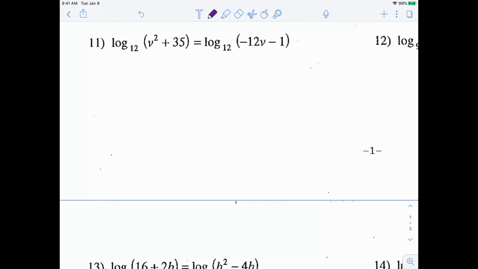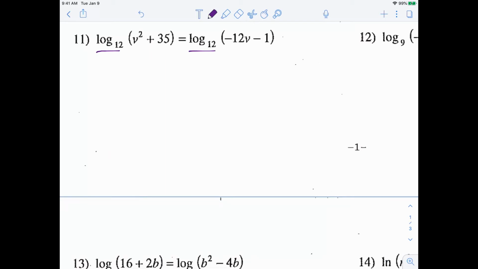Looking at number 11 now, again, we have a log with the same base on both sides. We have log base 12 and log base 12. So because of that, they simplify, leaving us with v squared plus 35 equals negative 12v minus 1. Because our variable is squared, it's an indication we'll have to factor, so we want it to be equal to 0 to solve. So I'm going to add 12v, and I'm going to add 1 to both sides.